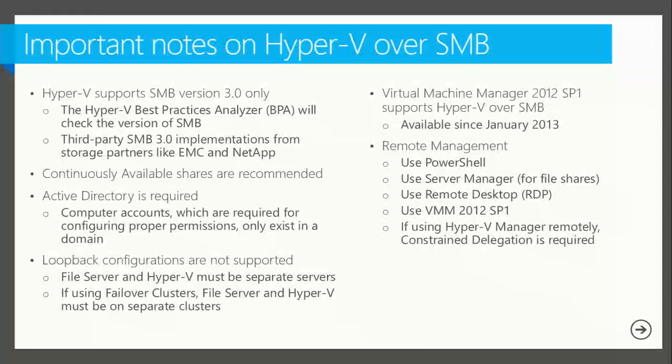In fact, so much so that the Hyper-V team has said that if you're not using SMB 3.0, you're not supported. So for the Hyper-V over SMB scenario, 3.0 is a requirement. Okay? That means 2012 on the server, and 2012 on the file side, or a third-party SMB implementation that implements 3.0.